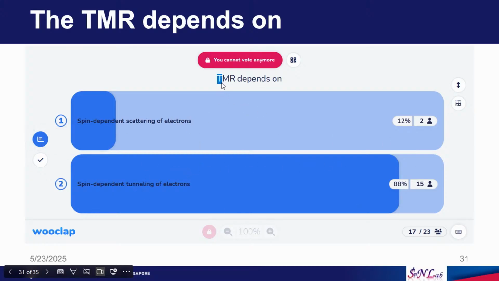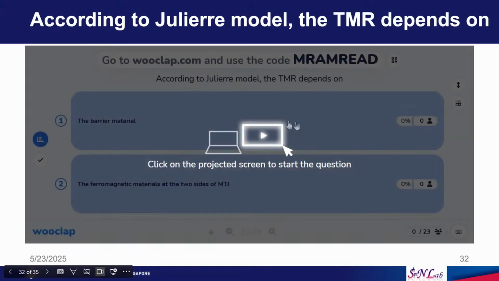Tunneling magnetoresistance. It's a T for tunneling. So, this should be the answer. I don't know why two of you are choosing this. Okay, next one.